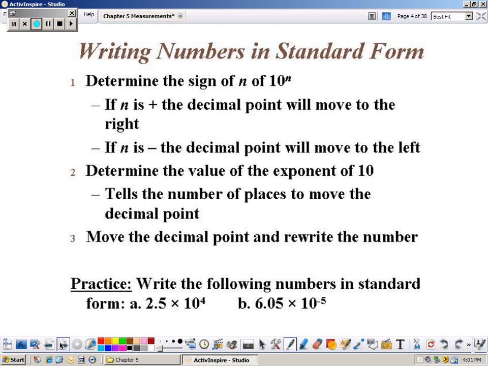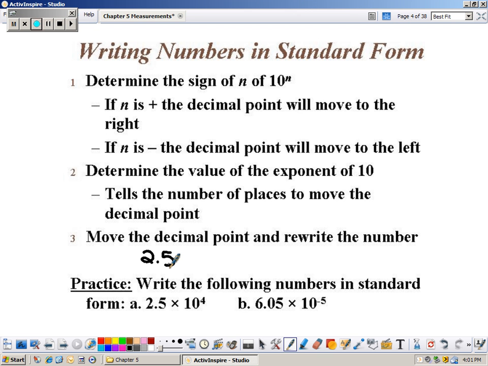All right, so let's see. 2 examples here, converting back to standard form. So we start with our number in scientific notation. We're going to start with just our number between 1 and 10, which is 2.5. According to the instructions, it says determine the sign of n from our power of 10.